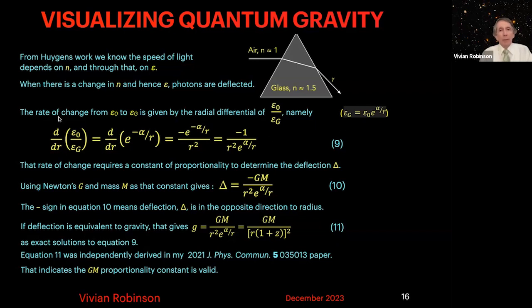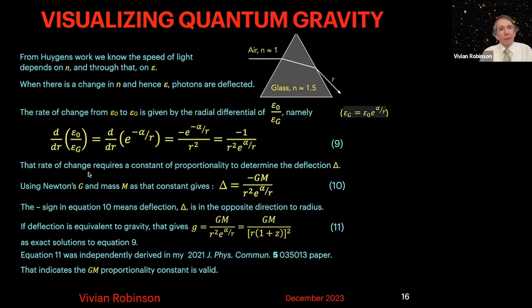So that rate of change becomes d by dr of epsilon naught over epsilon g equals d by dr of e to the minus alpha over r, equals minus alpha over r squared times e to the minus alpha over r, equals minus alpha over r squared e to the alpha over r. Standard differential theory, but you probably have to be towards the end of an undergraduate mathematics degree to know it.